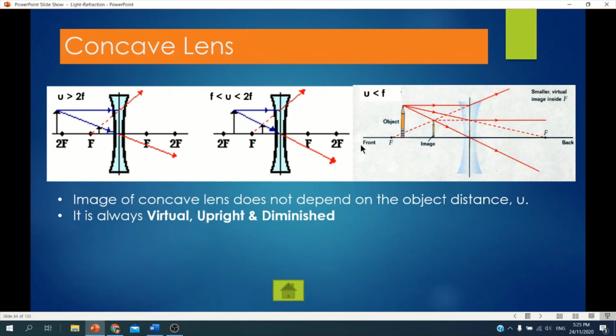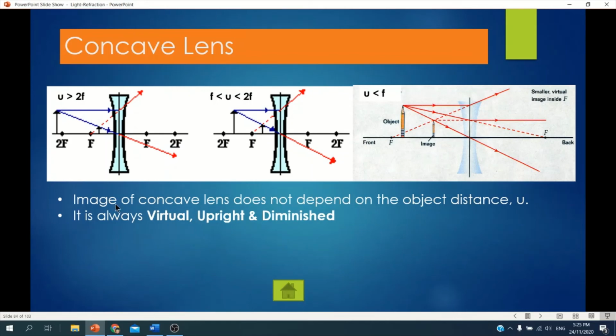Therefore, from these three cases, we can make a conclusion by saying that no matter where the object is, the position of the object is not important. No matter where the object is, the image of concave lens is always virtual, upright, and diminished.